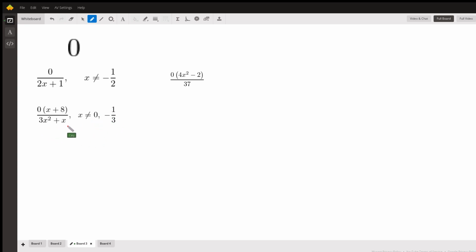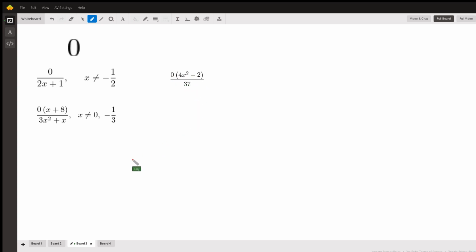So either one of those would make the denominator 0. On this one, we don't have to worry about the value of x because we don't have any x's in the denominator. So no matter what we do on the top, we're going to be dividing by 37, and that's okay. We can divide by any number except 0. And on the top, we have 0 times something, and 0 times anything is 0.